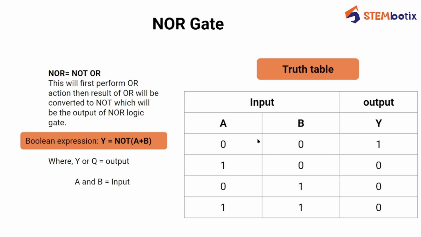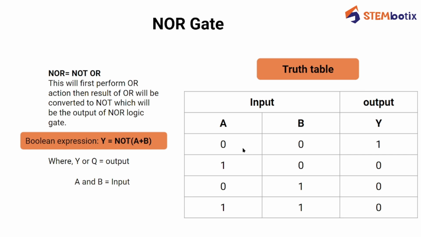So here you are getting output 1 only one time, and all the other three cases have 0 output, total opposite to the OR gate. So the Boolean expression for a NOR gate is (A plus B) bar, or you can say not (A plus B). First it will perform the OR operation, meaning A plus B, and the result of this will be inverted.